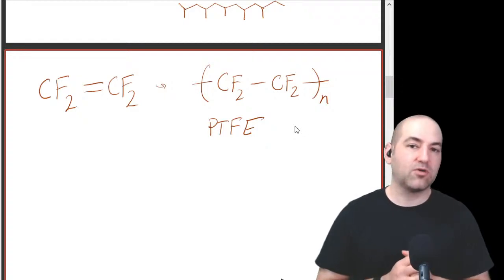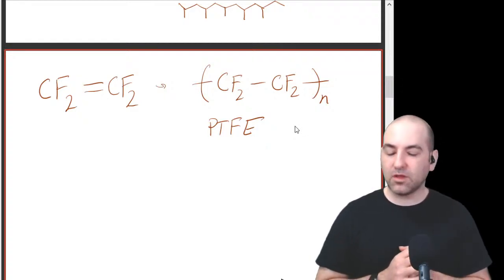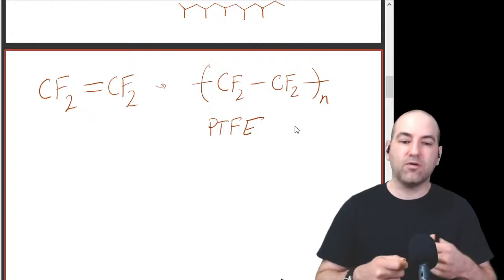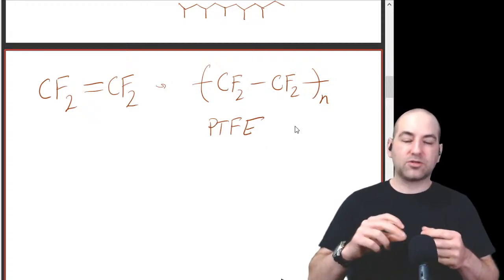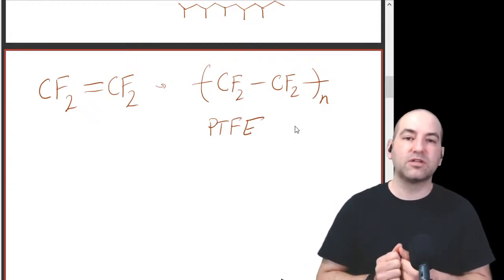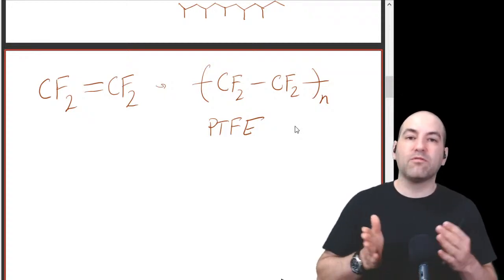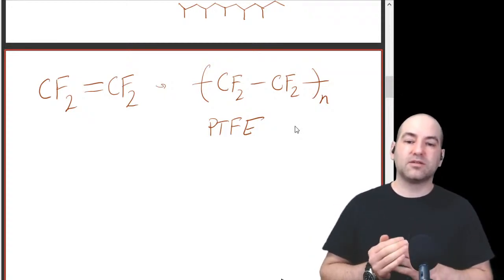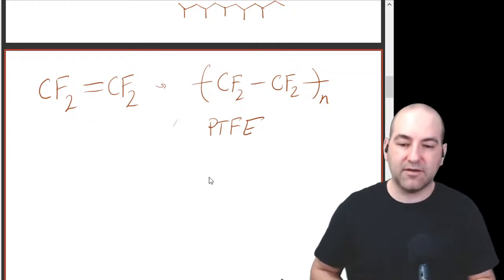A lot of laboratory equipment uses that as well. You also see it in tape for plumbing connections that you wrap over a metal screw-in connection, like a galvanized screw-in connection. And that's because that tape will prevent the metal from corroding together and getting stuck, because nothing will react with this PTFE.